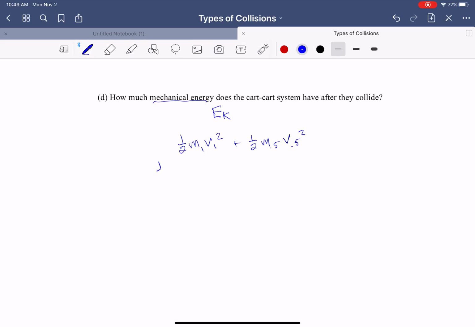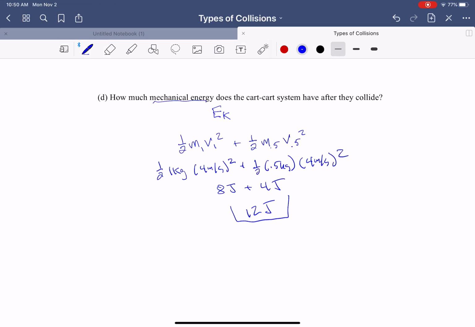So I just plug in the numbers. 1/2 times 1 kilogram times 4 meters per second squared plus 1/2 times 0.5 kilograms times 4 meters per second squared. And that is 8 joules plus 4 joules. So that ends up being 12 joules.